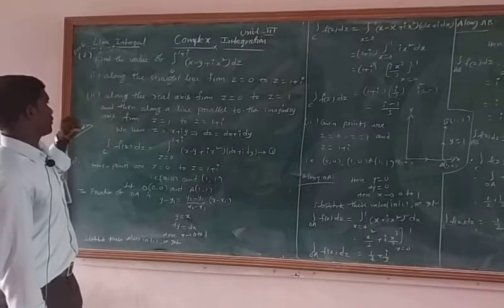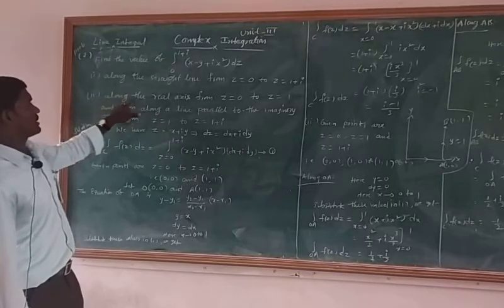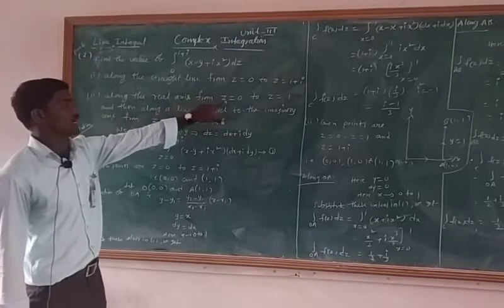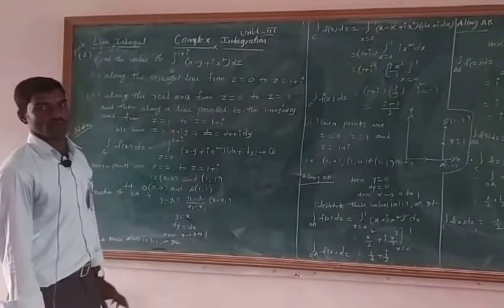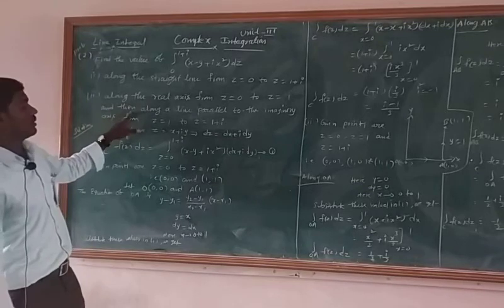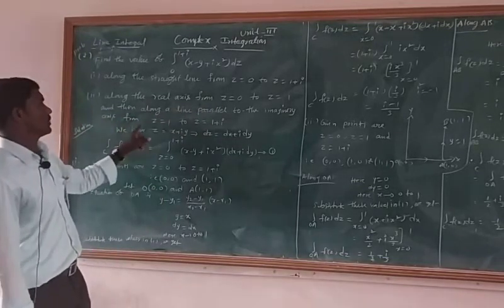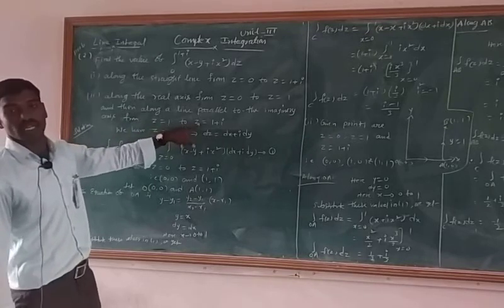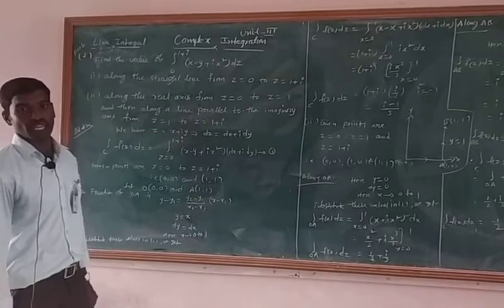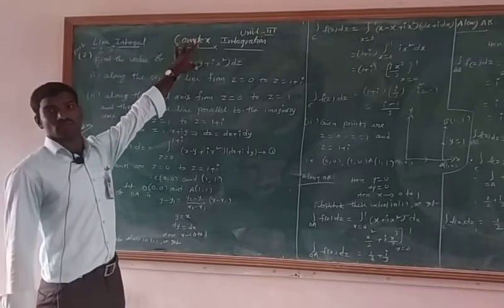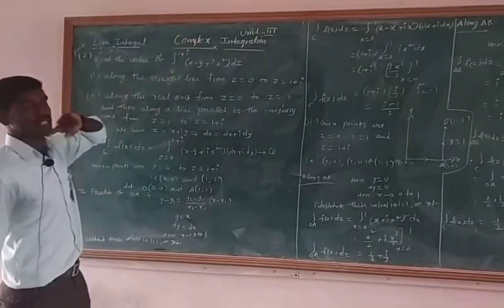Another case in the second problem is along the real axis from z equals 0 to z equals 1, and then along a line parallel to the imaginary axis from z equals 1 to z equals 1 plus i. The meaning of the problem is to evaluate this integral value by using complex integration.